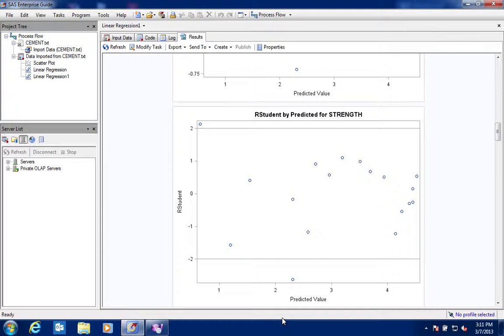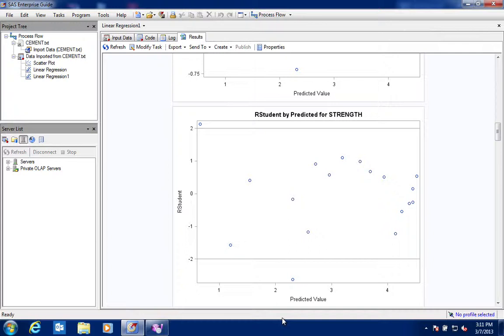So I can say that it is much better than the first order model. It is not seriously violated.